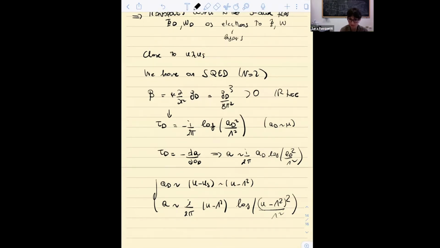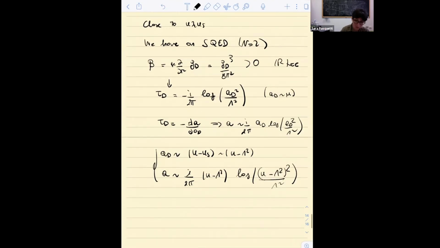So I have just an ordinary supersymmetric QED, which is a stupid infrared free theory for which I can calculate the gauge coupling, and then I can calculate A dual and A, and they will have this form, which is completely dictated by the one loop behavior. So I can also calculate the monodromy around this singular point.